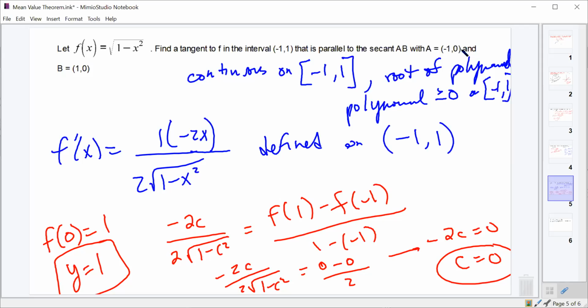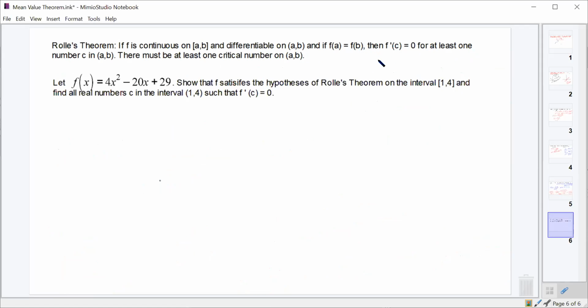We had f of a was 0 and f of b was 0. f of a and f of b equaled each other, which meant that there had to be one place where the derivative was equal to 0, one potential turning point, one place where there may be a min or a max of this function on that interval. So that's what Rolle's theorem is saying. Rolle's theorem is just the mean value theorem, but where f of a and f of b are equal to each other. Good or no?